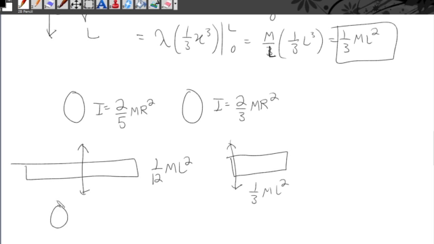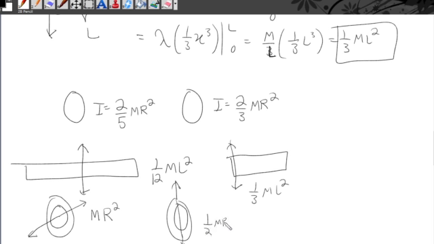Okay, a ring around the center. So it's like this. I shouldn't have drawn it through, but you get the idea. It's mr squared, where r is the radius. And a ring where the axis of rotation is around the diameter, so it's like this, is 1/2 mr squared.